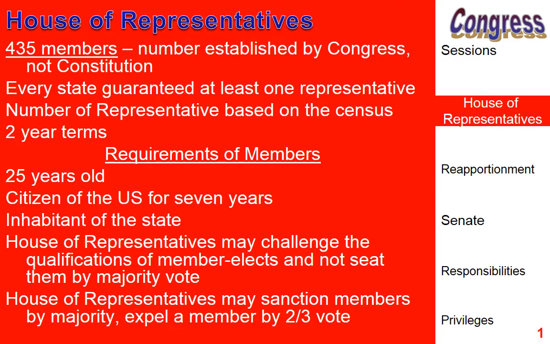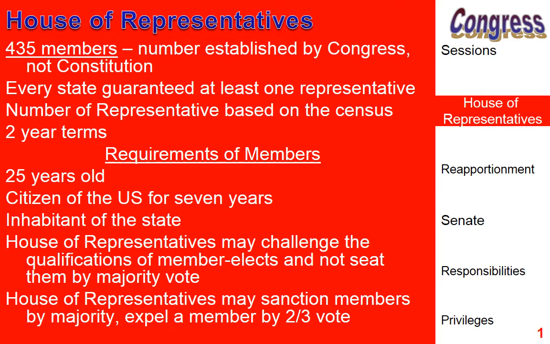So if they challenge your credentials before you are sworn in, a majority vote can have you not be seated with the House of Representatives. However, after you've been sworn in and you're officially a member of the House, you can only be expelled by a 2/3 vote of the members, and that's if you do something pretty bad.